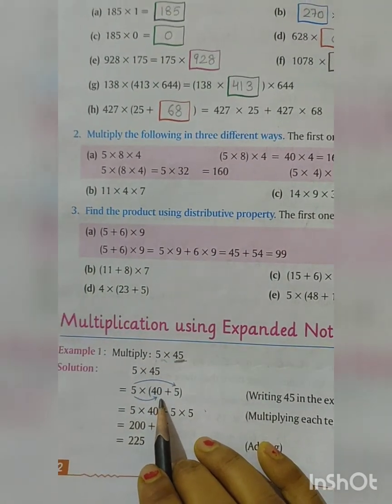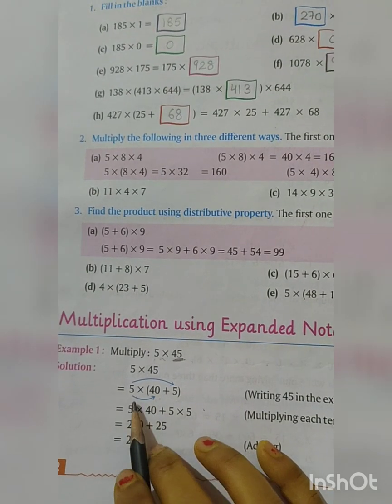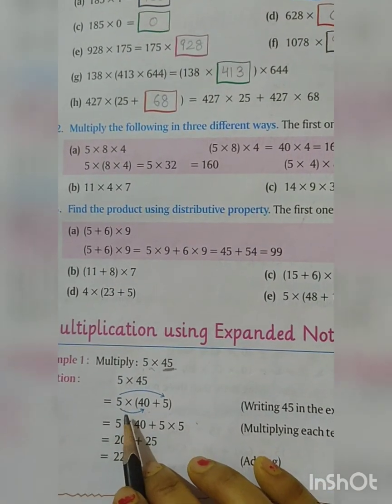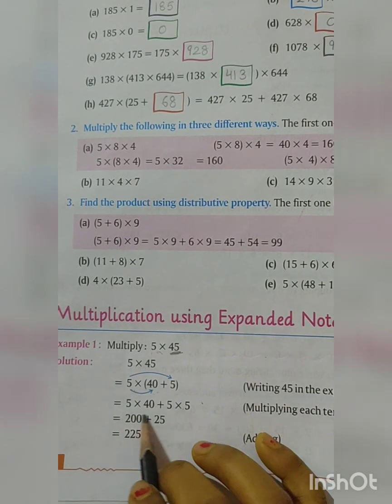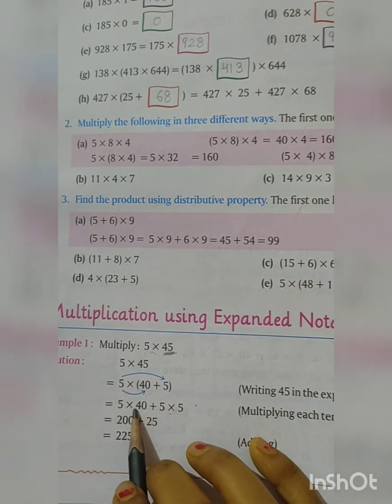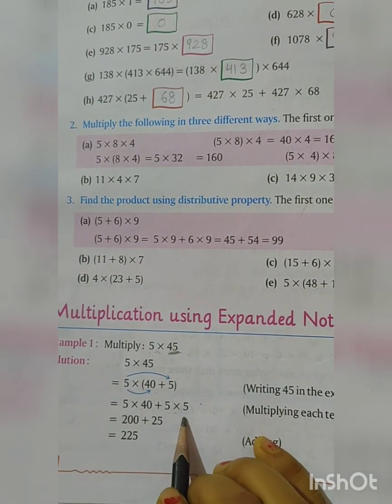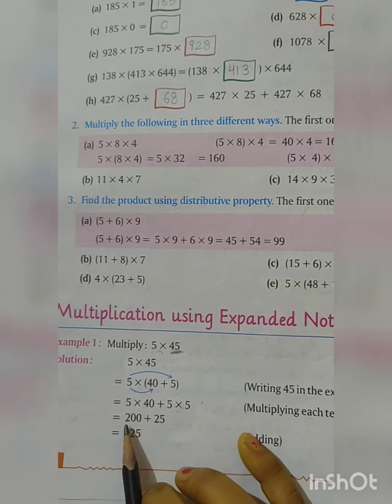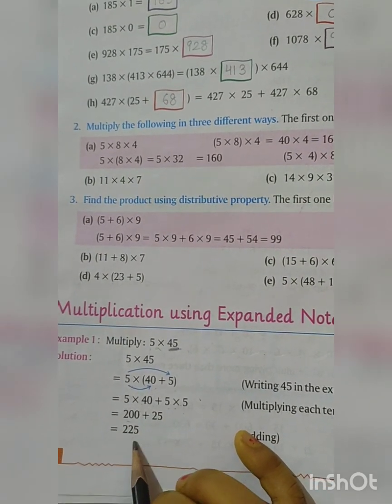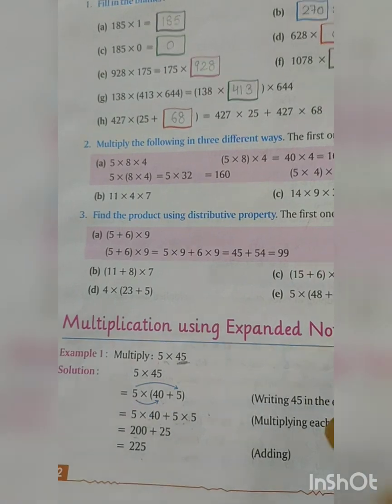So we can write it as 40 plus 5. Now we have to multiply 5 with both the numbers. So it is 5 multiplied by 40 plus 5 multiplied by 5. So it is 200 plus 25. The answer is 225.